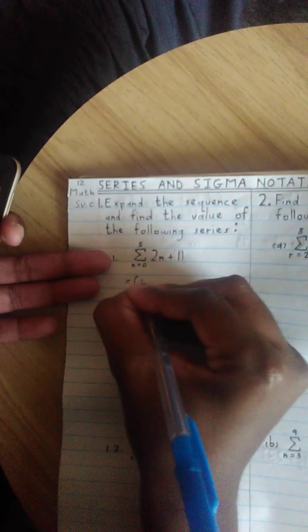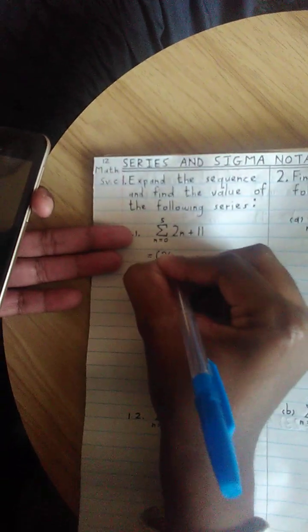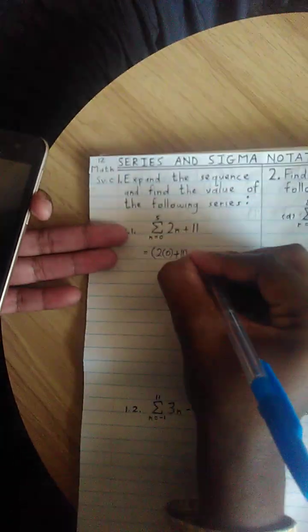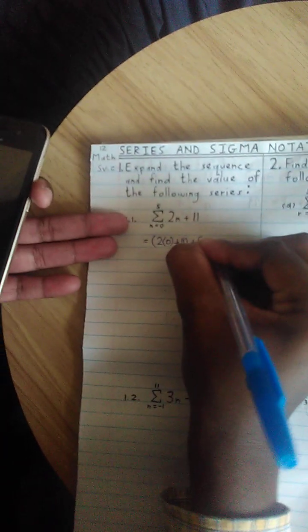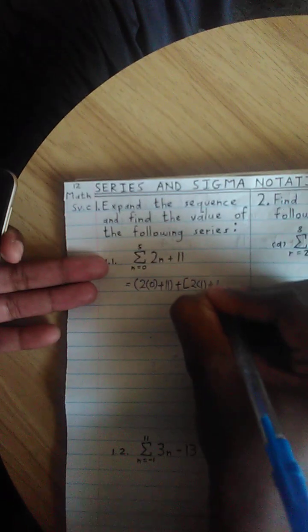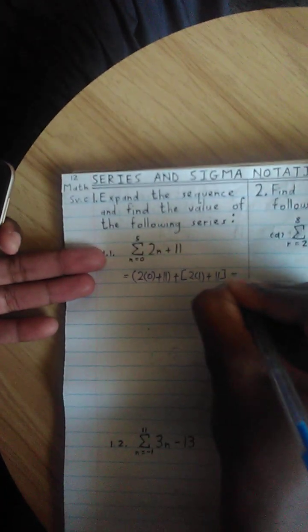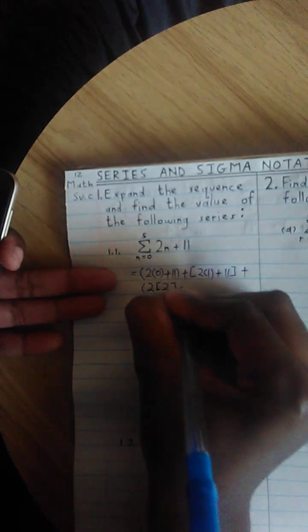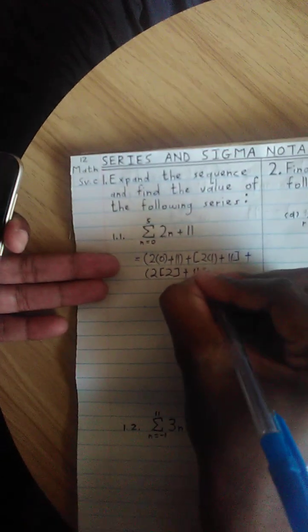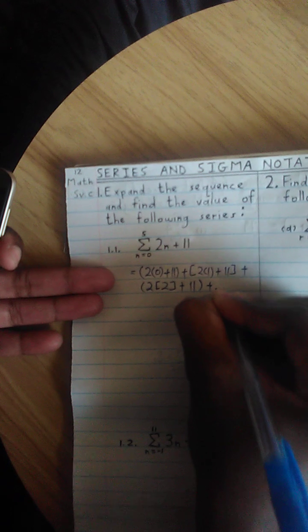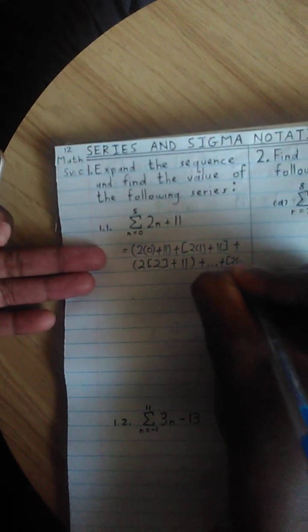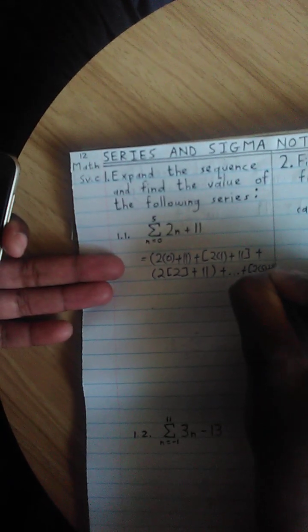So it's going to be 2 times 0 plus 11, plus 2 times 1 plus 11, plus others in between, 2 times 2 plus 11, plus others in between until finally we get to 2 times 5 plus 11.